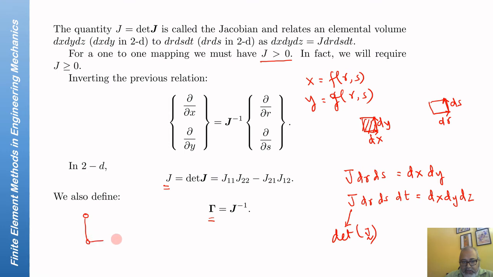So you have a parent element which is like this: 1, 2, 3, 4. These are the nodes, and when the areas flip, then you might have a situation where you have two.